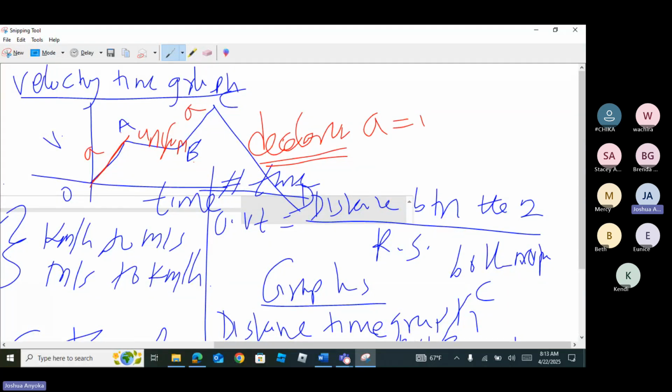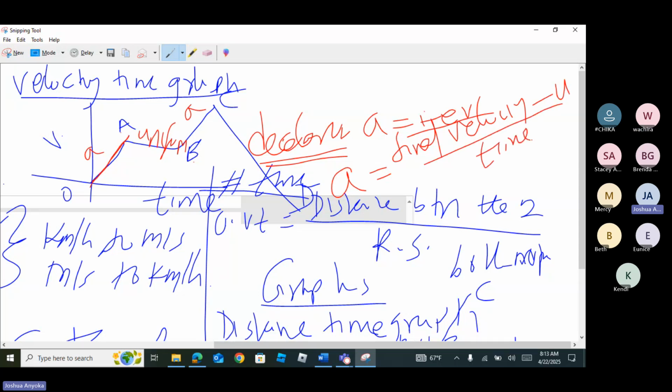And then we worked with acceleration is equal to final velocity minus initial velocity divided by time taken for the change. This is all that we are supposed to know.